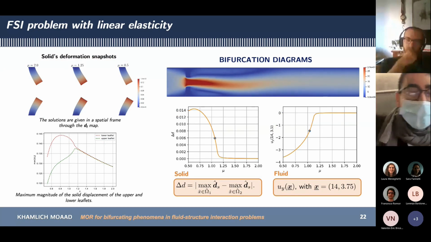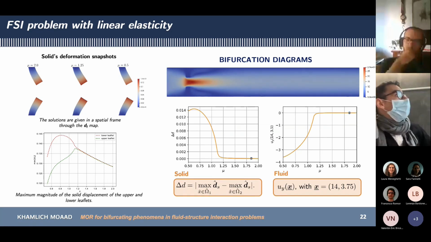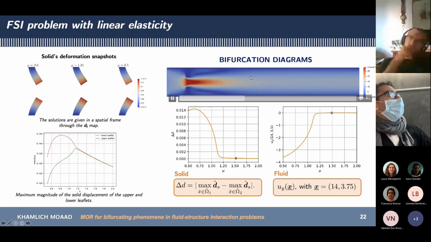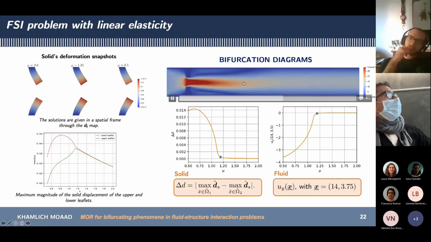If we look at what happens at the fluid phase, and we draw again the bifurcation diagram, and sorry, I didn't state it, but in order to obtain this kind of diagram, we took as a relevant scalar output the vertical velocity at a point on the axis, which will obviously be a valid indicator because in the case of symmetric jet, this vertical velocity will be 0, whereas if we have a wall-hugging jet, it will not be 0.